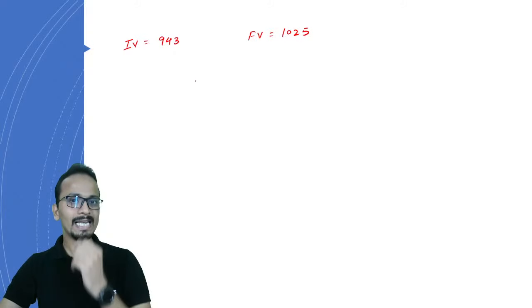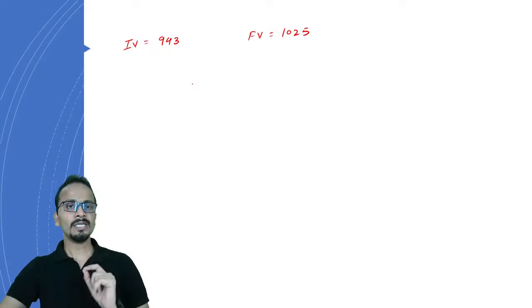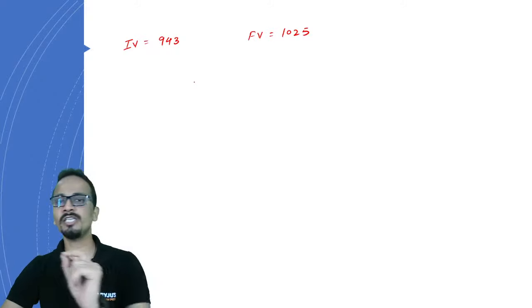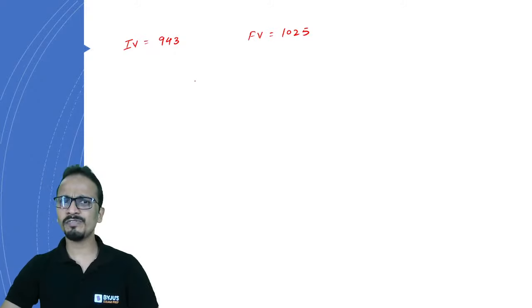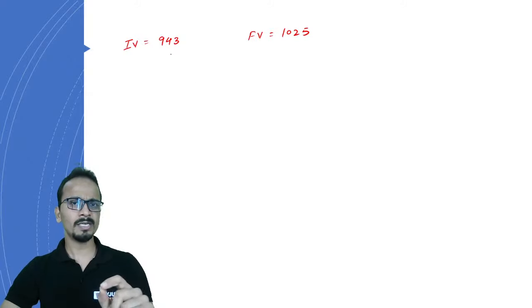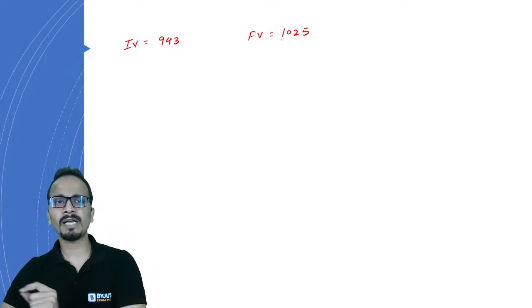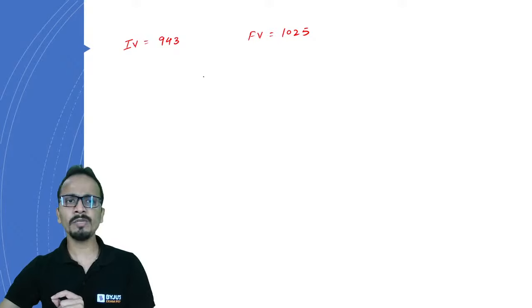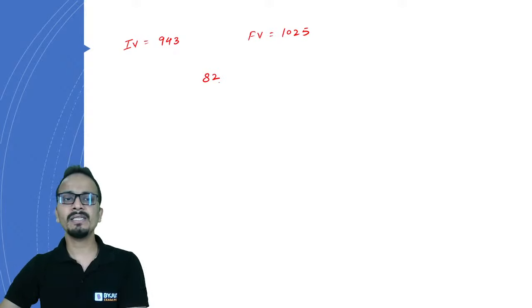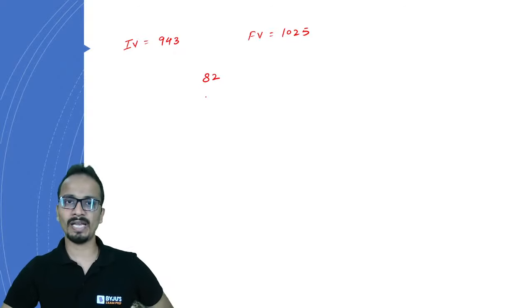So first of all, I'll calculate the change. Value has changed from 943 to 1025. So the difference between these two values will be 57 plus 25, it will be 82. So 82 will be the difference between these two values.